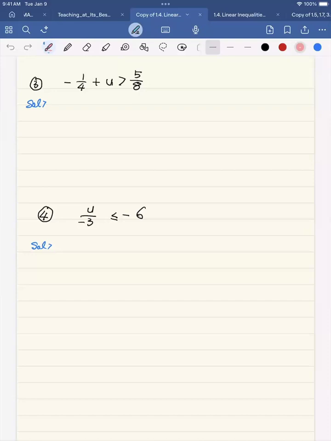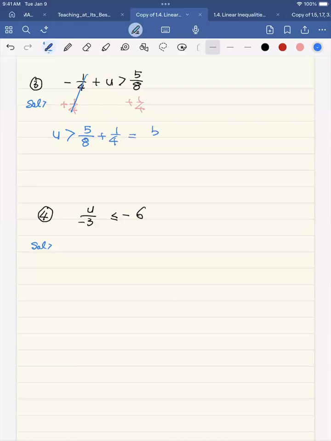Now we have to get u by itself on the left side. So we add 1/4 on both sides. Then on the left side, we get u. And on the right side, we have 5/8 plus 1/4.